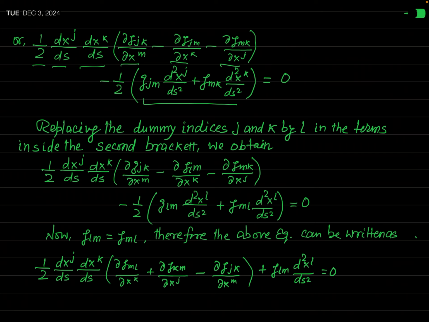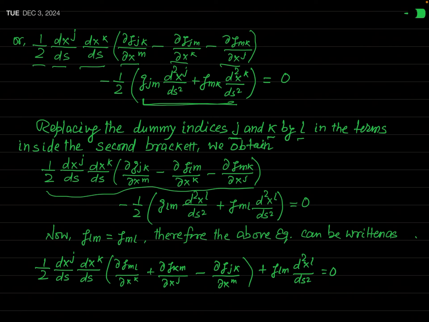Now in this equation we are going to replace the dummy indices j and k by l. You know, the dummy indices may be freely replaced by any other index. So in the last two terms in this second bracket, we will replace j and k by l. If you replace j and k by l, what will be your result? The first term is as it is.